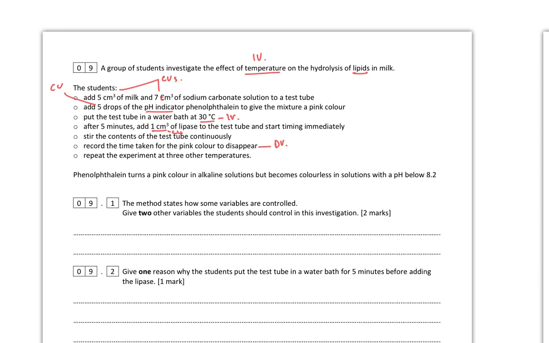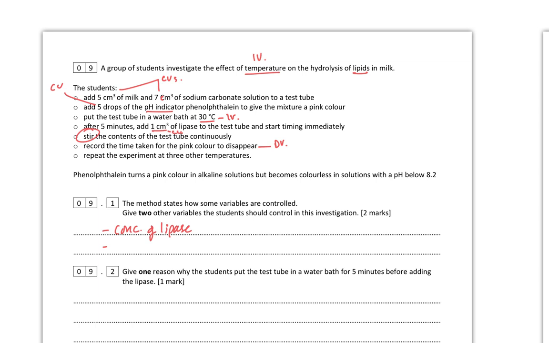So I can't put the ones I've already put. However, it's talking about volume of lipase. We haven't controlled concentration of lipase, so that's a good one. So yeah, concentration of lipase. It says stir the contents. So how much stirring?